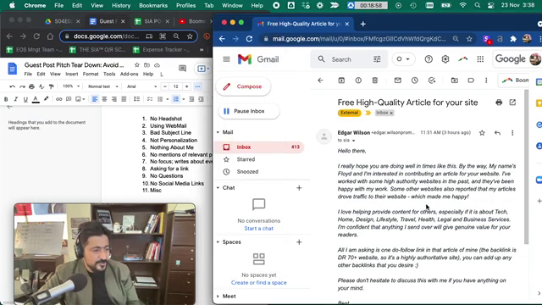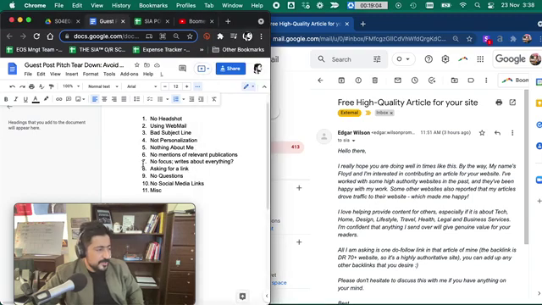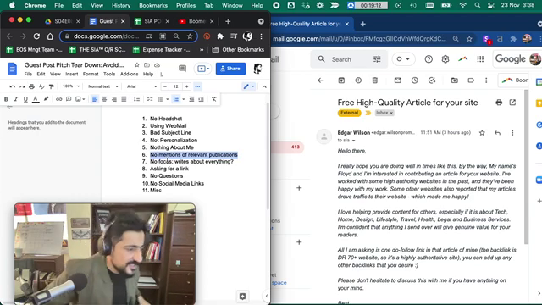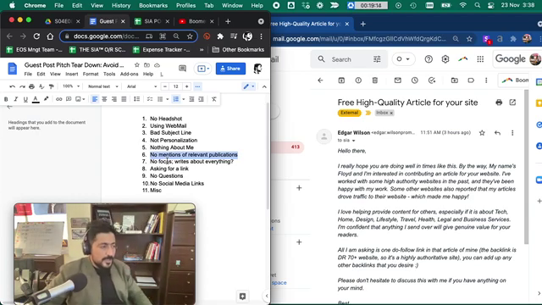Now this person is also saying that he has written articles previously and drove traffic to websites, but the mistake, mistake number 6, that he's making here is that he does not even mention what kind of publications he has written for, right? But even if you are someone who has never written for a publication, the least you can do is to use some kind of names there, right?